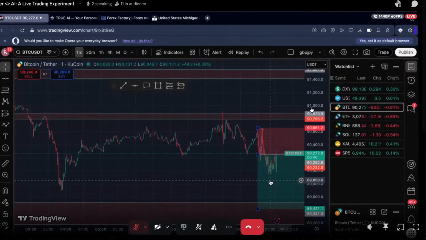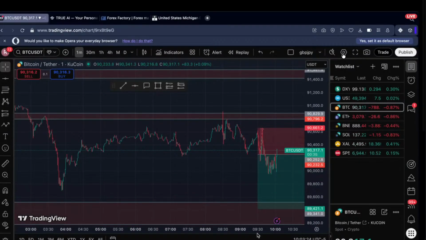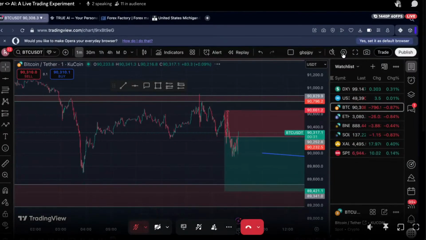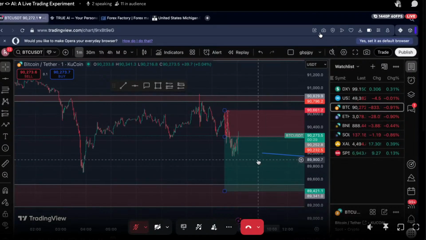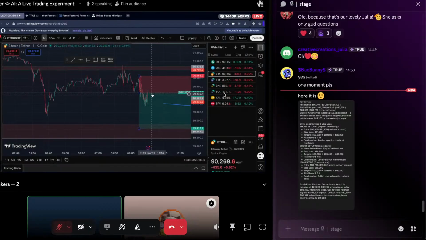People start longing early, they start shorting early, and all those positions get wrecked, right? Again, that's why I was saying this trade isn't even worth it. Nothing really happened with the short. We're still in the same range. Nothing is happening. There's no point in taking advantage of this.